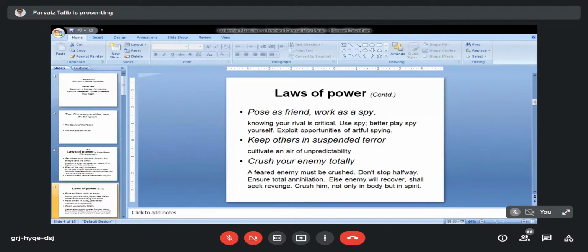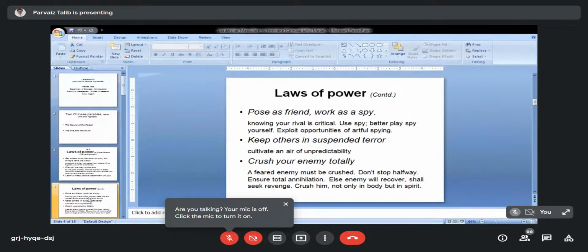So people may use spies, but better be your own spy. And a good leader is one who knows the art of artful spying. Every situation provides you that opportunity to gather information.